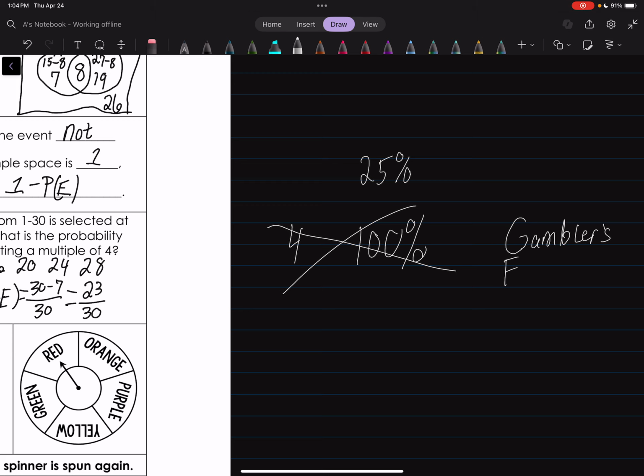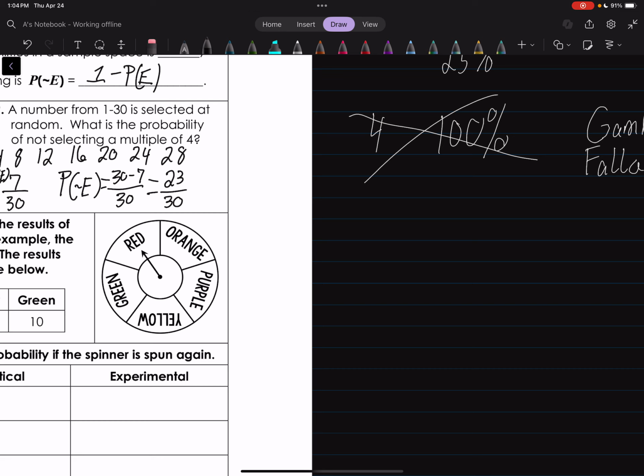That's called the gambler's fallacy. Every time you spin, so like on number 10 here, every time I spin that, I have a 1 out of 5 chance to get a color. It does not matter if I spin this 1,000,000 times. I might never get the color orange if I kept spinning that.